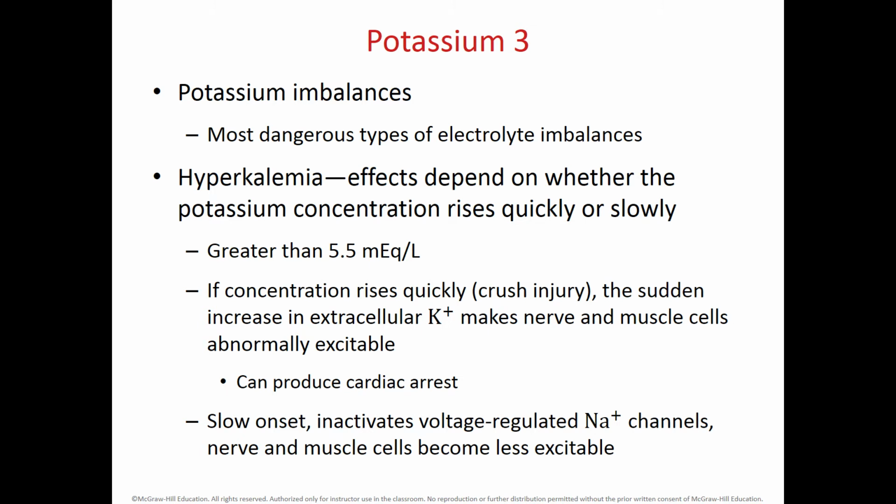If the concentration of potassium rises really quickly, which we also call crush injury, you'll have extracellular potassium in excess that will make your nerve cells and muscle cells abnormally excitable, and it will produce cardiac arrhythmias and arrest. Whenever you have slow onset of hyperkalemia, you will inactivate your voltage-gated sodium channels, and your nerve and muscle cells will become less excitable.